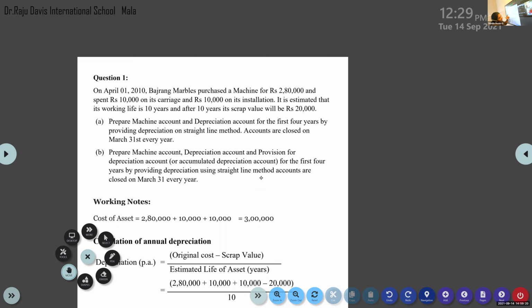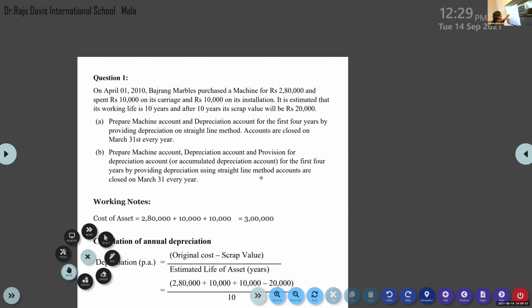Remember the factors affecting depreciation? 3 factors. Remember that? First one was cost of the asset, second one estimated life of the asset, and the third, estimated scrap value. These were the 3 factors affecting depreciation.